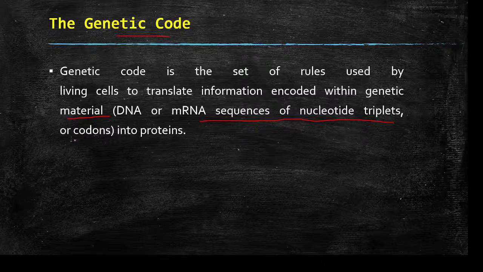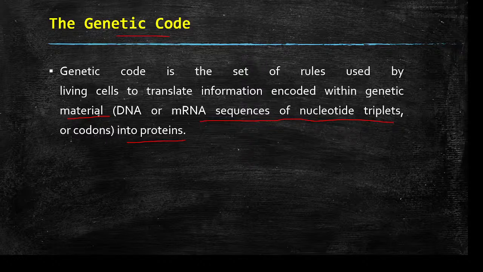They are present in the form of a set of 3 nucleotides, which we call nucleotide triplets. So this genetic code is in fact a language, or a set of rules, used to translate the information present in the DNA or mRNA into proteins.